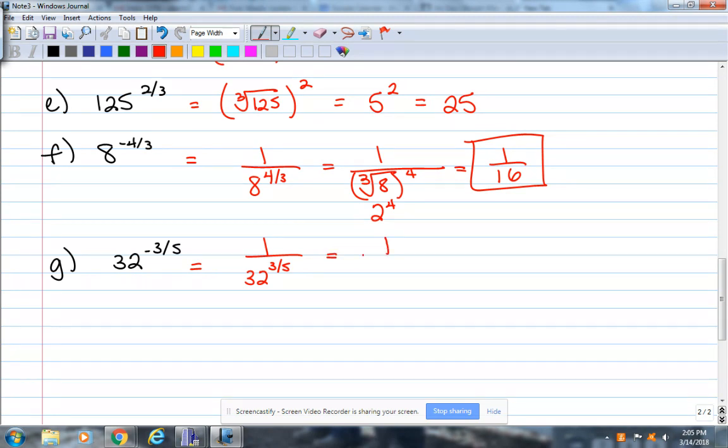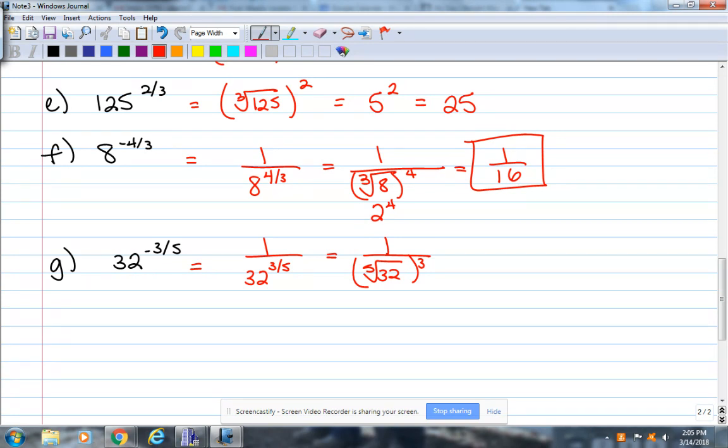So it's going to be 1 over, how do I set up my radical? So the 5th root of 32, and I'm going to cube everything, right? Y'all understand how this gets set up?